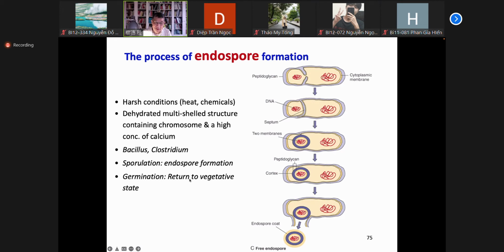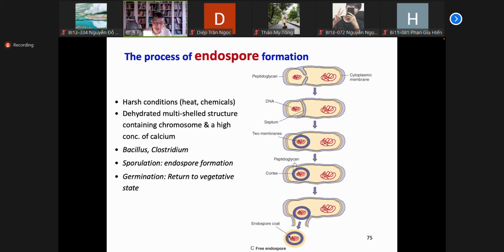The germination process, that is, if the endospore is heated, not to death, heated to a higher temperature, and at the same time, after being heated, it encounters some amino acid, some liquid, some good nutrients, it will imbibe to take in water, and then expand and start protein synthesis, and then break open to release the cells.